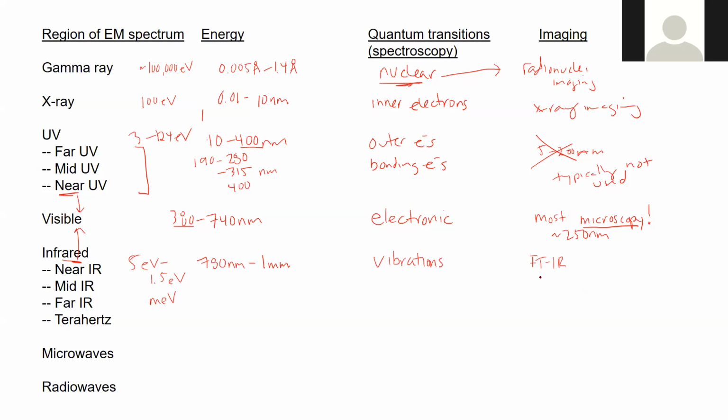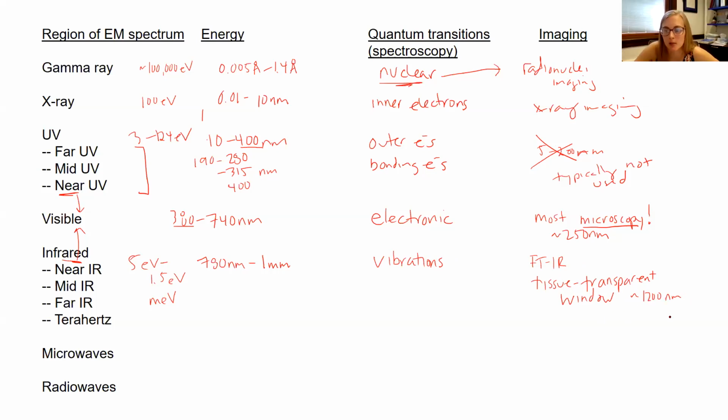And with infrared imaging, an important point is that it's used for tissue imaging, or it's tried to be used, because there's a tissue transparent window. This is in the near IR, around 1200 nanometers, where light can pass through tissue. So you can get pretty deep imaging in the infrared region. That's why that's used.